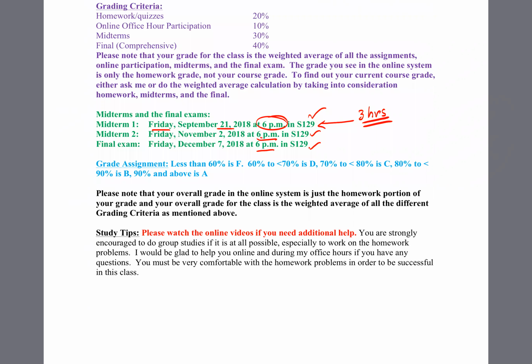So I'll try to help you out in any way I can. If you're out of state or if you live like 3 hours away or something, let me know. In that case, I'll try to come up with a solution for you. However, pretty much most of the people are going to be local, and I expect you to be available for the midterms and the final.